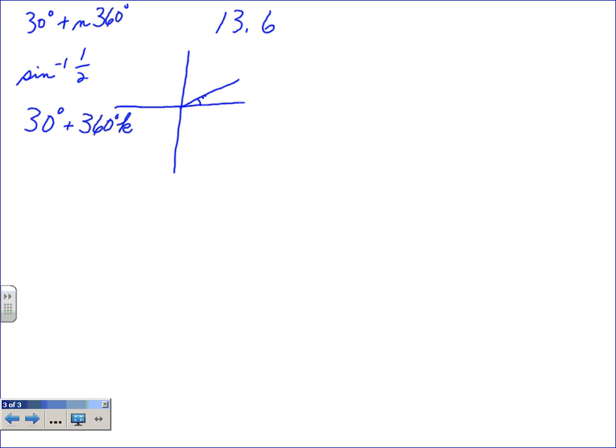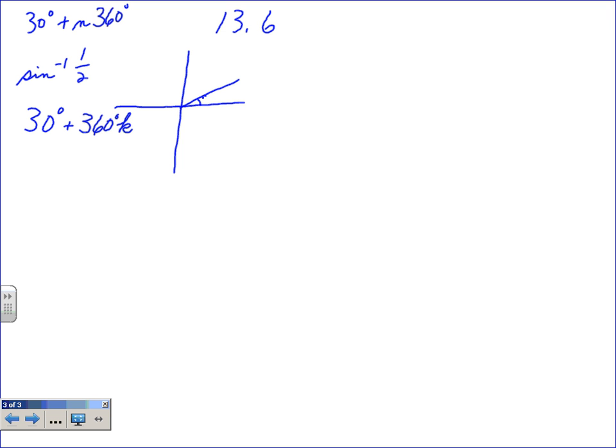All right. Can you think of another angle where the sine of that angle is 1/2? Okay, well, all rotations of 360, yeah. But what else? Not negative 30, because that would be in this quadrant, and sine's negative. Negative 330 would be in this quadrant, and sine is negative in this quadrant, not positive.